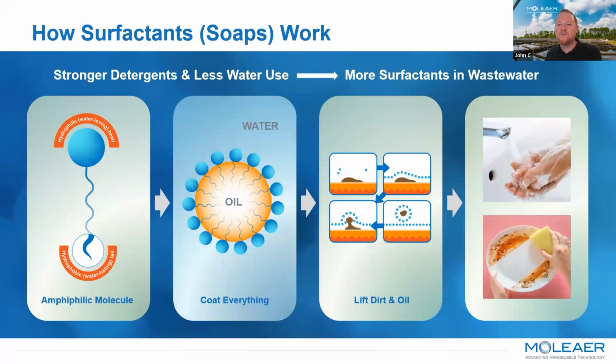Well, this washing them away with the water means that we're sending a lot more surfactants and oil and grease to our wastewater treatment plant. Ultimately, stronger detergents and less water use means more surfactants in wastewater.